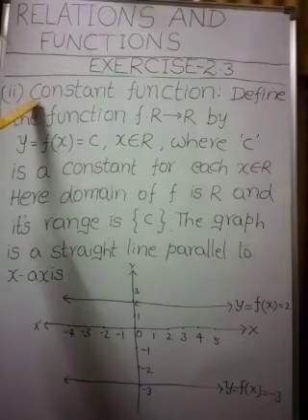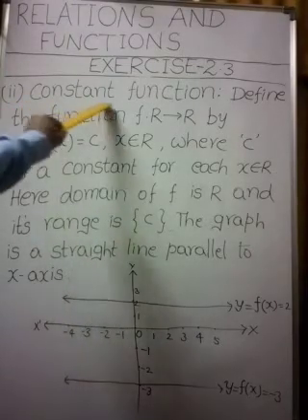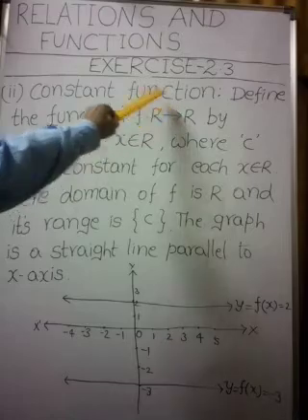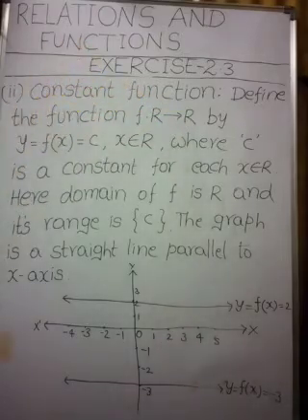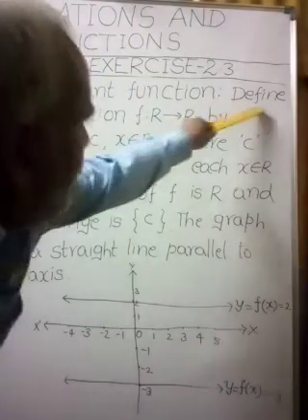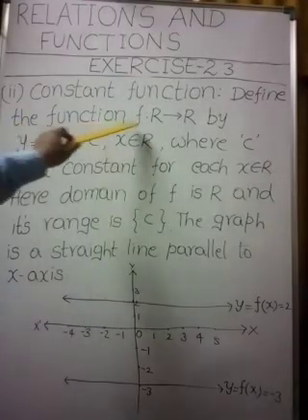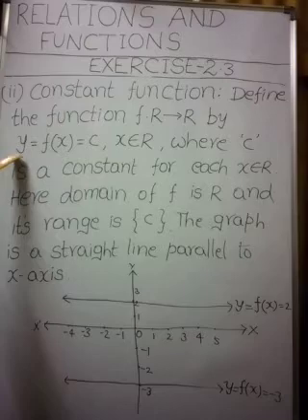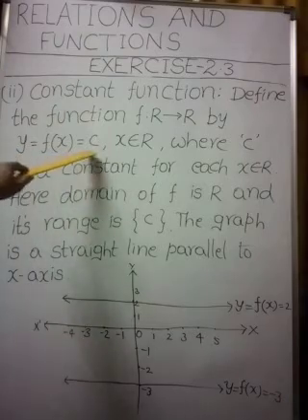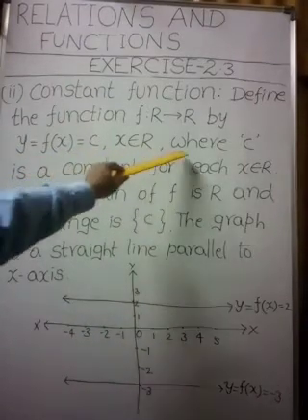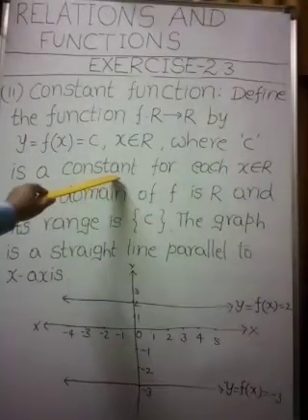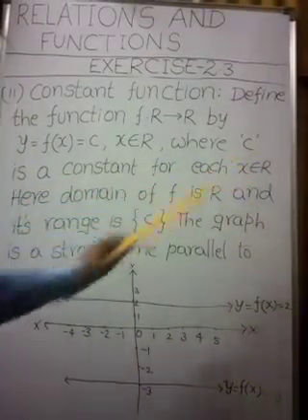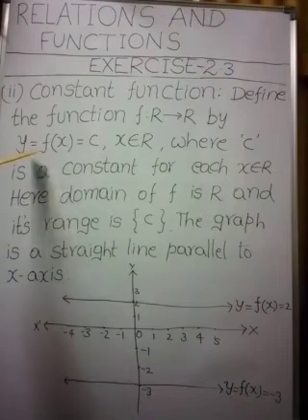Now come to the next function, that is constant function. Here we are defining the constant function. Define the function f from R to R by y is equal to f of x is equal to c, x belongs to R, where c is a constant for each x belongs to R. So y is equal to c.